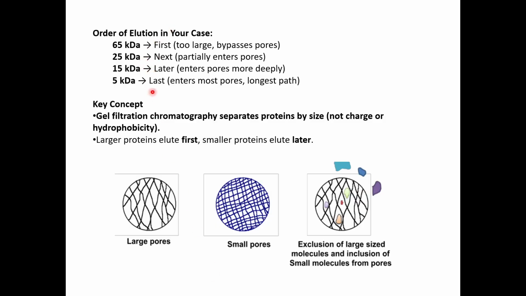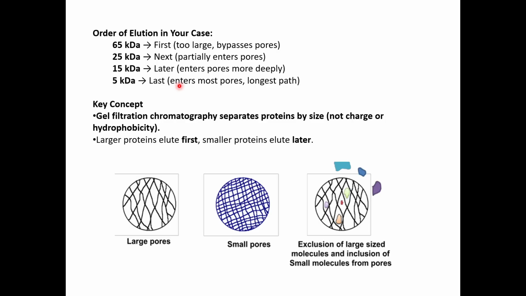So basically your order in this case will be your 65 first, which is too large to enter the pores. Then your 25 kilodalton, which can partially enter the pores. So if it is somewhere close to the pore size, it might enter the pore, it may not enter the pore, depending on the size difference. Then 15 is smaller, so it will enter the pores more deeply.